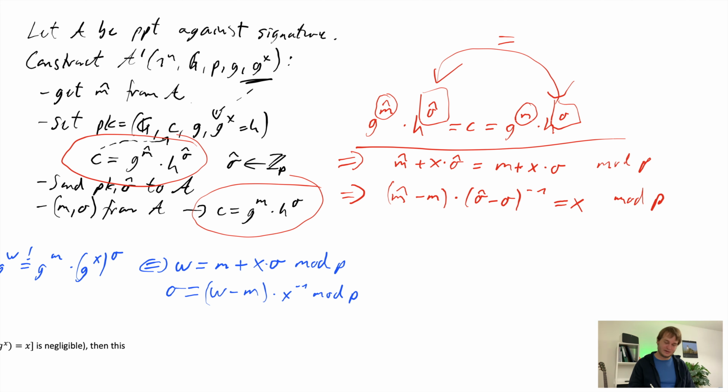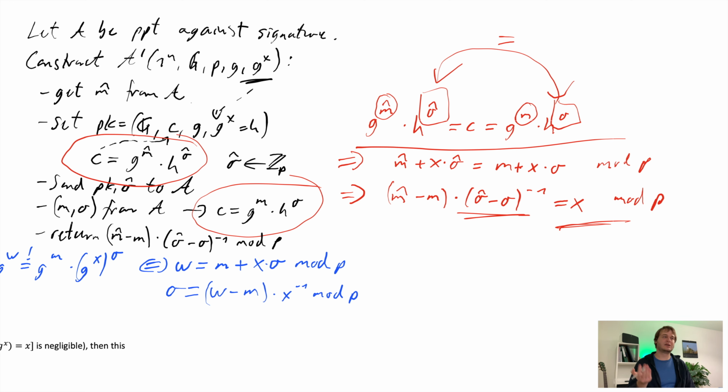So if sigma hat is equal to sigma, then also m hat is equal to m, but we know that m hat cannot be equal to m, so we don't have any problems. Meaning that sigma is not equal to sigma hat, and so we can do this inversion, we can find x, and so x is actually what we can return then. And we'll have found our discrete logarithm.